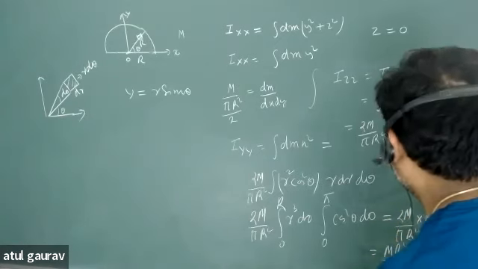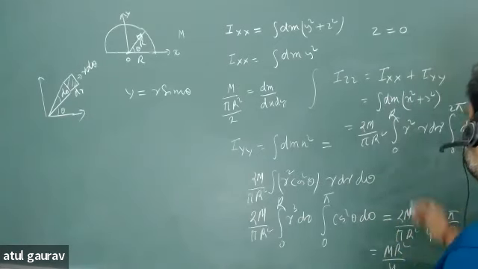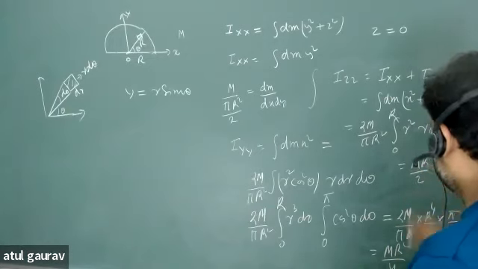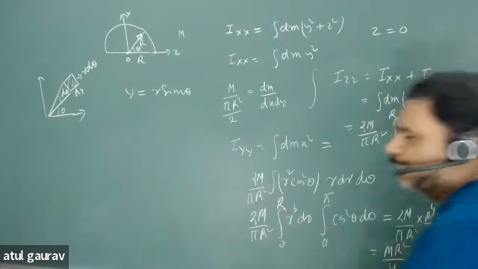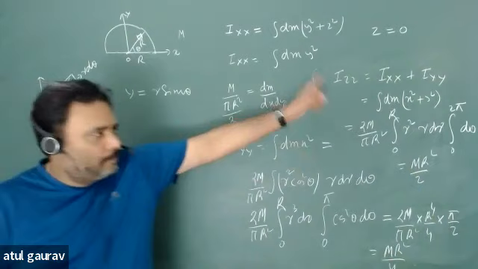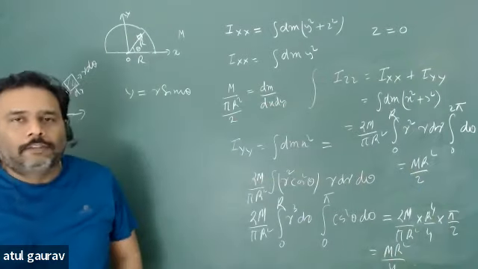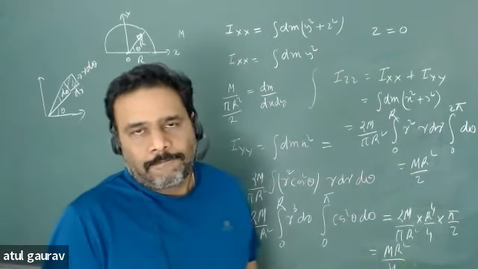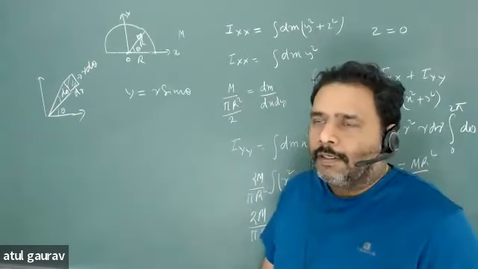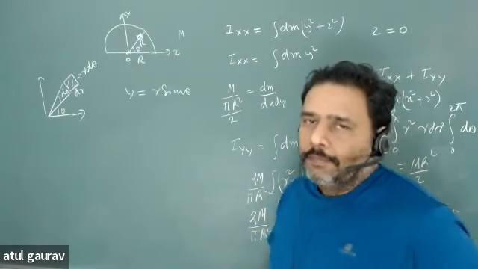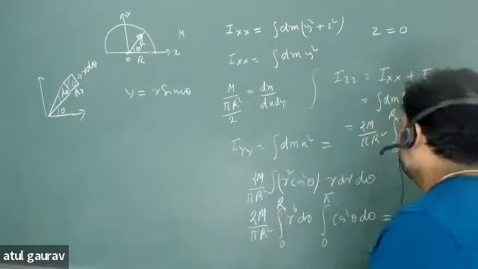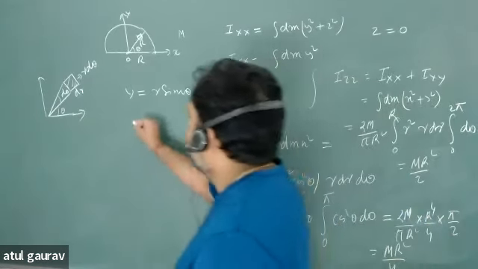What will you get? m r square by 2. Yeah, exactly. If you add both, IXX plus IYY, you will get exactly the same thing. But I am using this first principle to calculate it. The distribution of mass is very important. The distribution of mass is absolutely important.